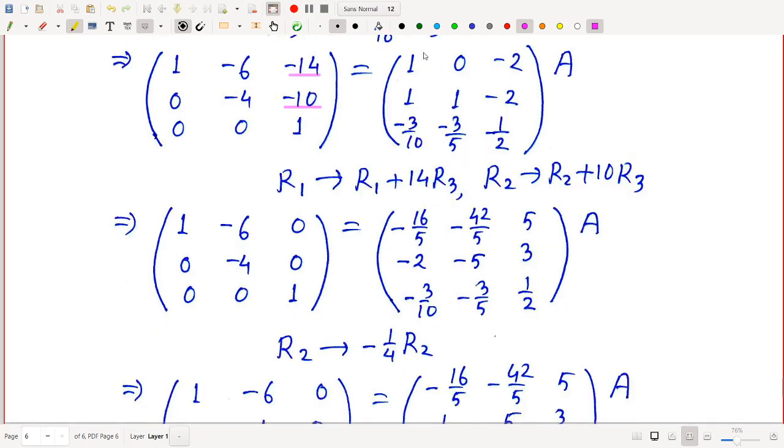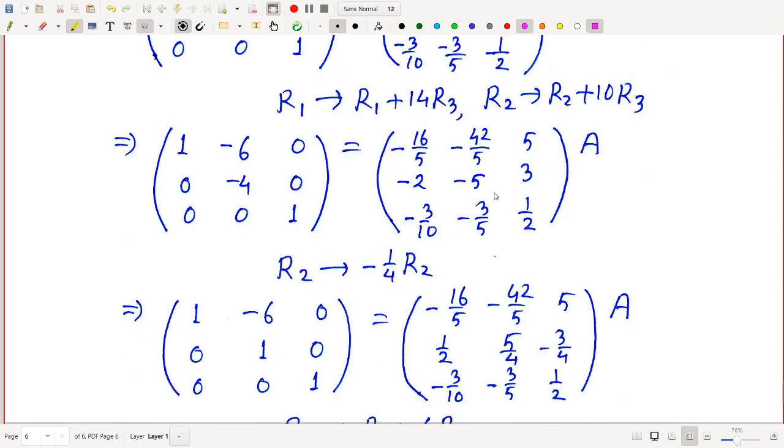Okay, R1 plus 14 R3, so 14 times there, 14 R3. So 7 minus 21 by 5 when added with 1 minus 21 by 5. So this calculation will take some time, so it is minus 16 by 5. Okay, you can do other calculations here.